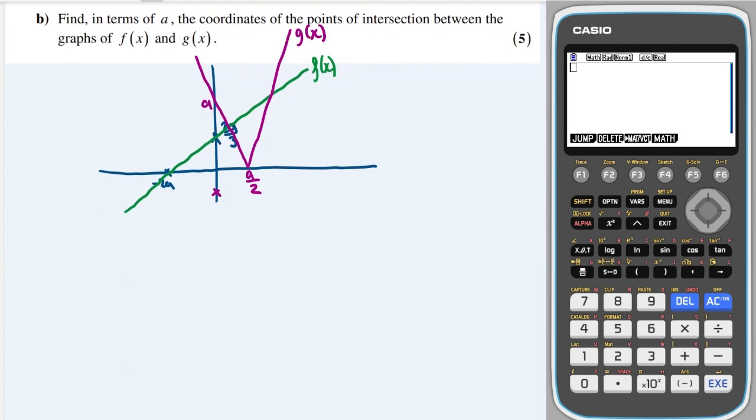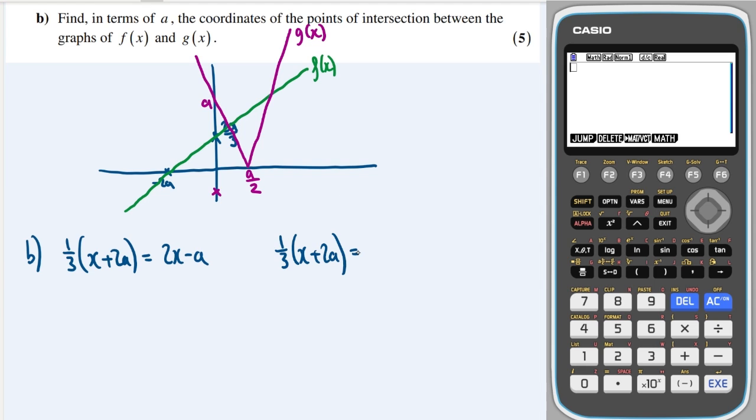Okay, so that is when 1/3 x plus 2a is equal to 2x minus a, and that is also when 1/3 x plus 2a is equal to the negative of the modulus, which would be a minus 2x, or minus 2x plus a.